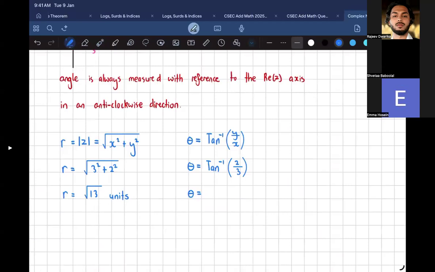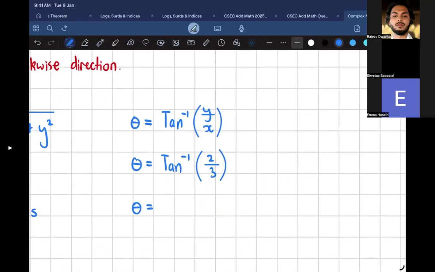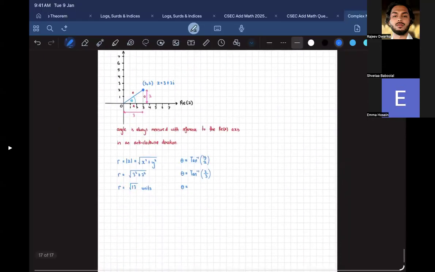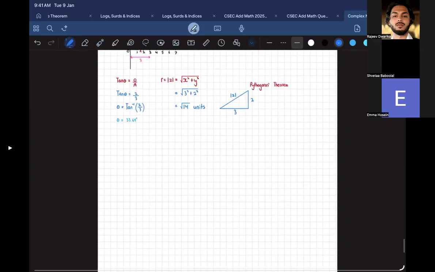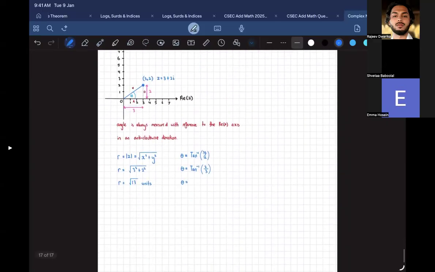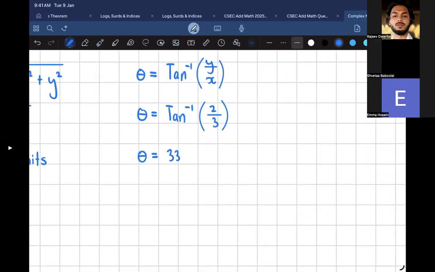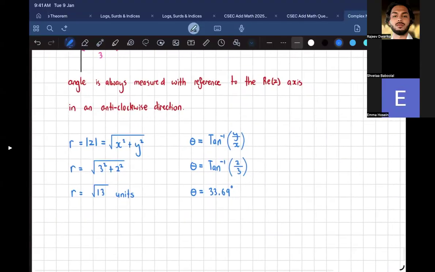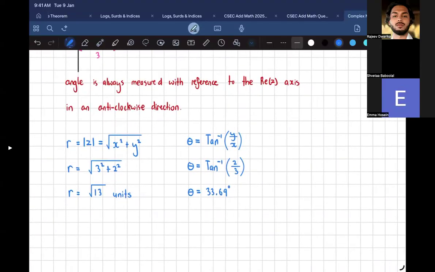It's typically in radians, but just to visualize it, give me it in degrees. 33.7. You get 33.69? Okay, cool. Wait, how am I supposed to know that off the top of my head? You're not, you're supposed to use a calculator.